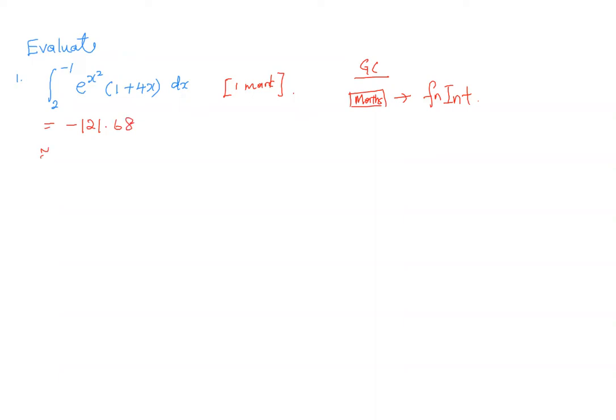So approximately, to 3 significant figures, negative 122. The final answer, all final answers, round up to 3 significant figures.